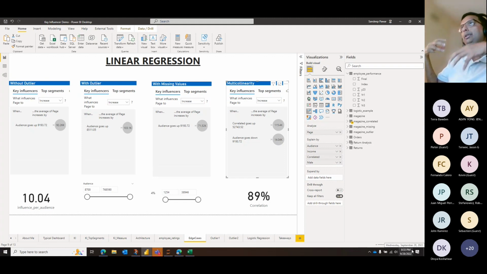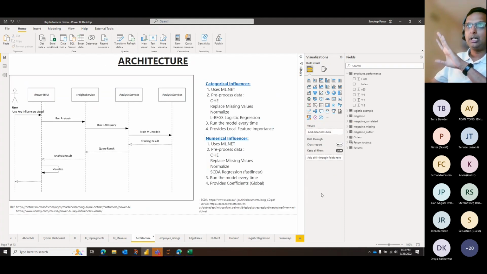For example, if I add income and education, as your education goes up, generally speaking, your income also goes up. So there might be some correlation between the two. Because the assumption is they have to be independent of each other, we would be taking one of those things out. Now, I should say again that Power BI does take some of that into account.